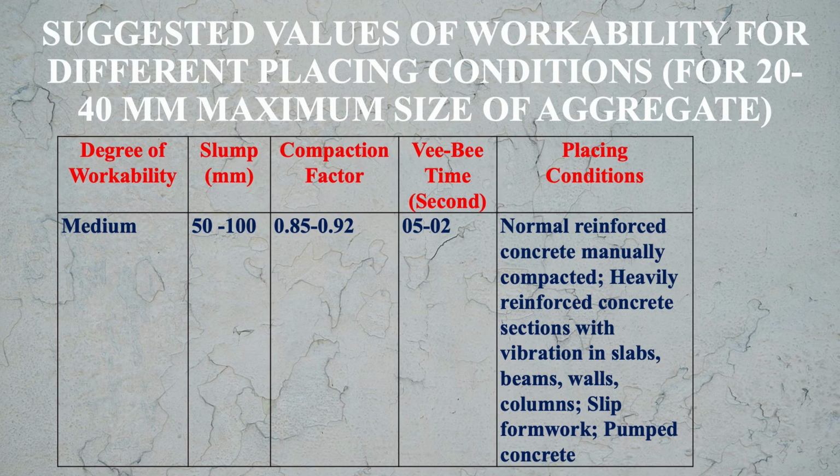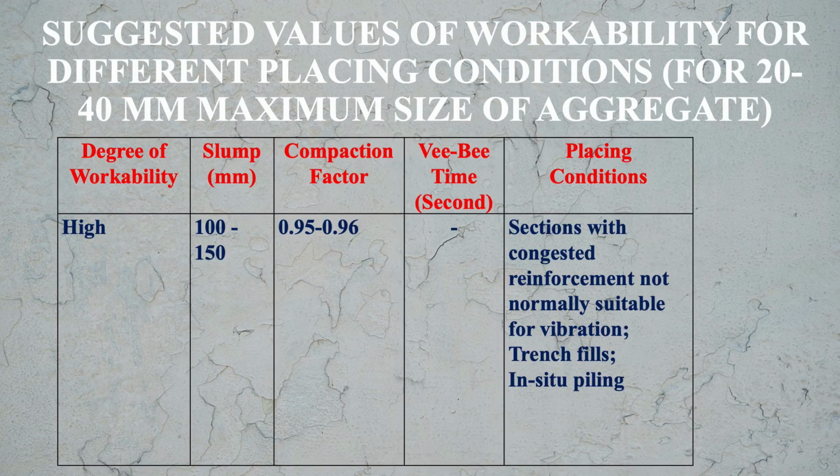You can also use this concrete for heavily reinforced concrete sections with vibrations in slabs, beams, walls, columns, slip formwork, and also when the concrete is to be pumped, that is, for pumped concrete. For such conditions, you can use the medium workability concrete mix.